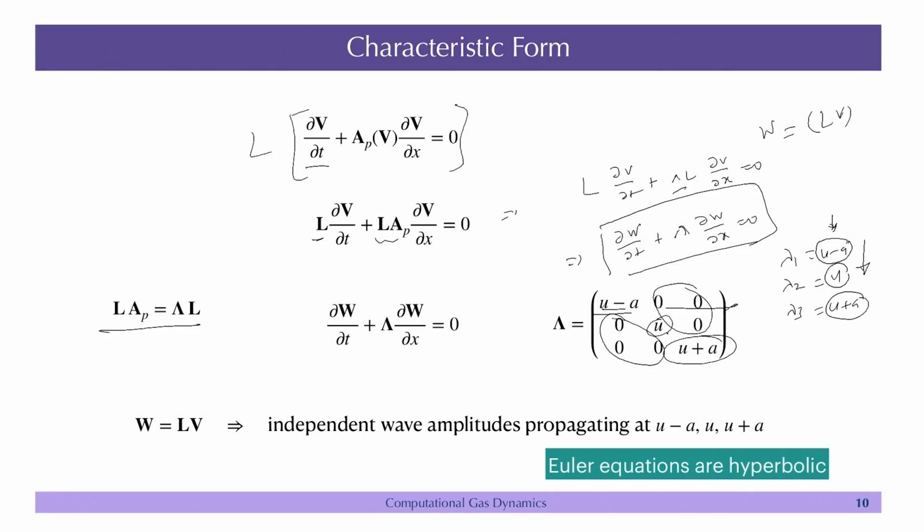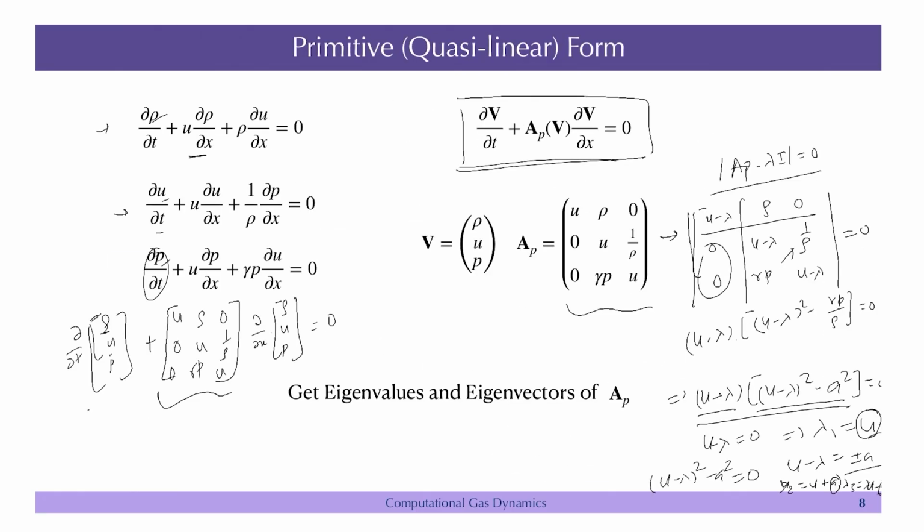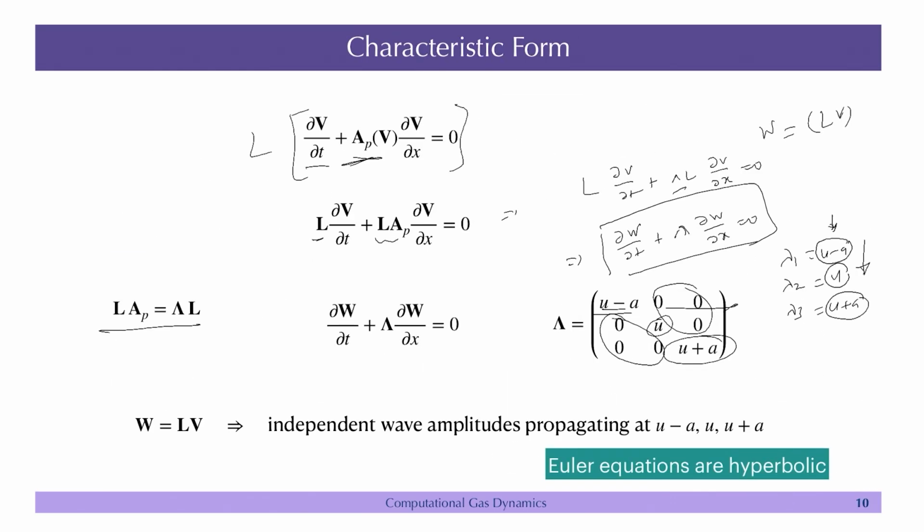So, what we did is we decoupled this equation. Earlier we had an expression with AP, if you look at the last slide, this was the form of AP. So, this was the coupled one, all three equations were coupled, but if you write in this form, which is del W by del t equal to lambda del W by del x.